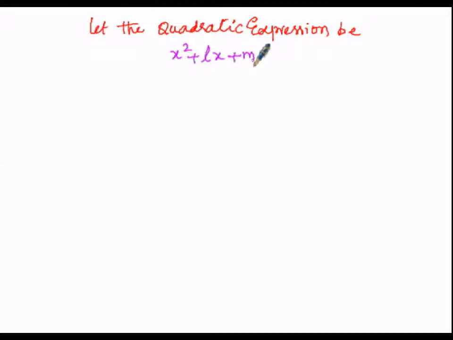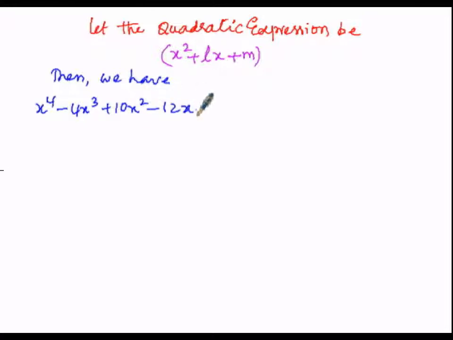So we suppose our quadratic expression is x square plus Lx plus m, and the given expression is x power 4 minus 4x cube plus 10x square minus 12x plus 9, which is of 4th degree.